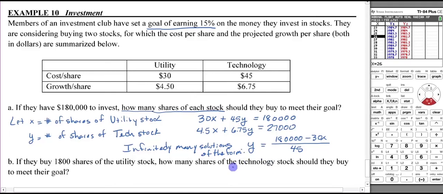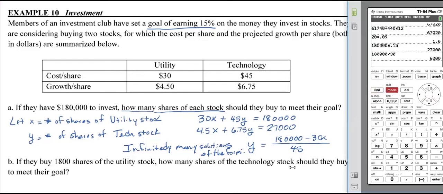All right, so if they buy 1,800 shares of the utility stock, then how many shares of technology stock should they buy to meet their goal? Well, we can put that into our equation that we made.